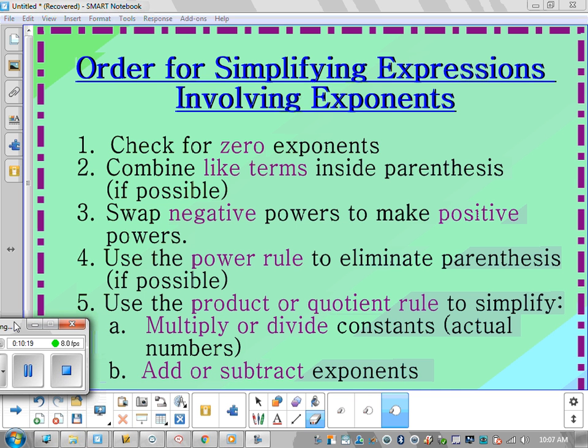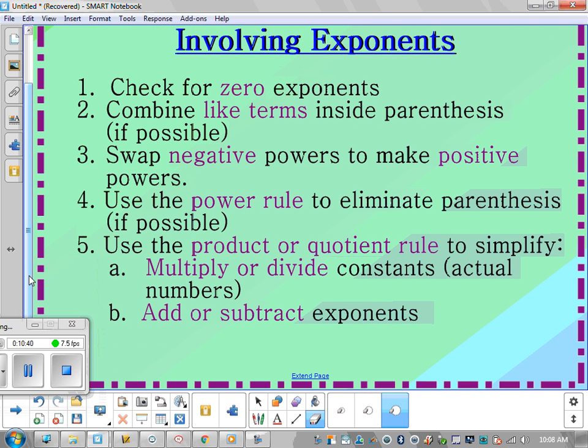Second, combine any like terms in parentheses if it's possible. Third, you will swap the negative powers to make them positive powers. That's the inverse of moving it up and down. Then you will look for the power rule to eliminate parentheses. That's where you distribute your exponents. Once that is done, then you use the product or quotient rule to simplify.